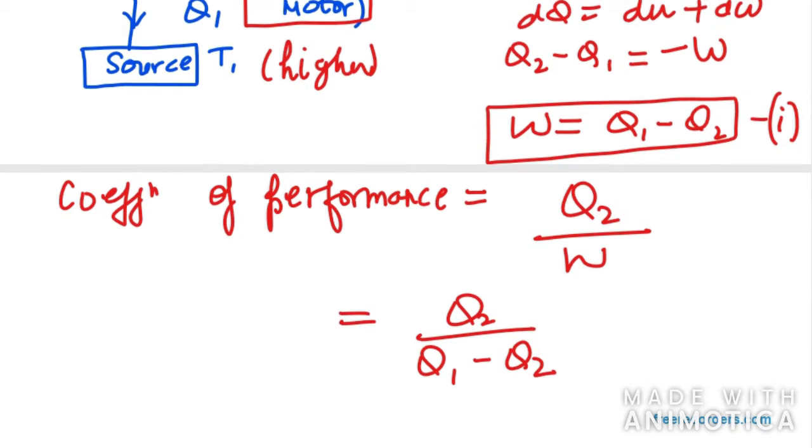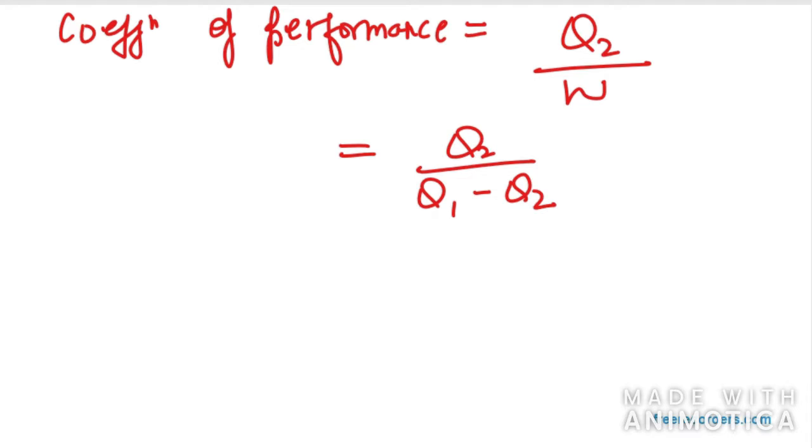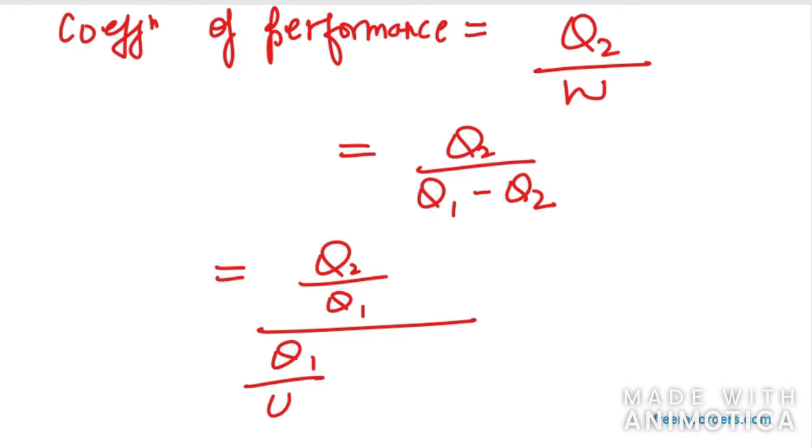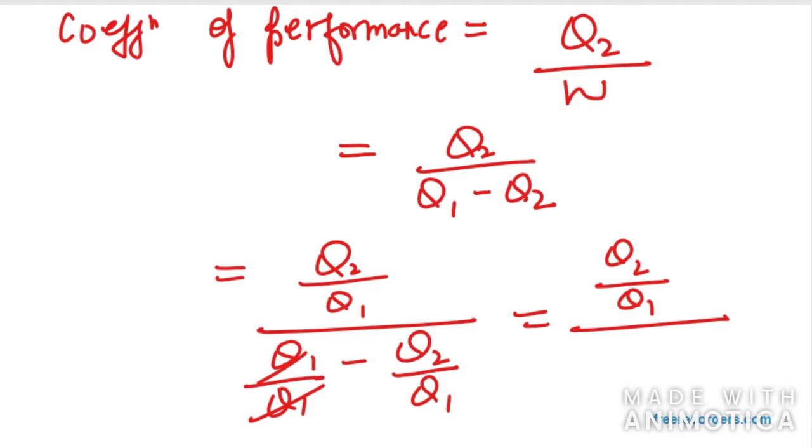Now I would be dividing the numerator and denominator by Q1 to make it a perfect equation. So Q2 over Q1, over Q1 over Q1 minus Q2 over Q1. So Q2 over Q1 over 1 minus Q2 over Q1.